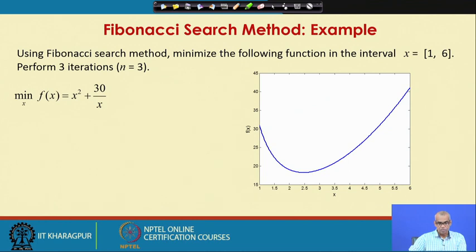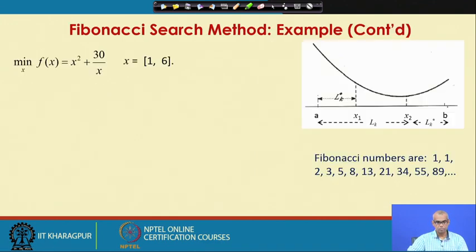But of course, yes, you must know the interval within which the minimum lies as the initial interval. So, minimum must be bracketed at the start of the algorithm. So, let us see how it goes.